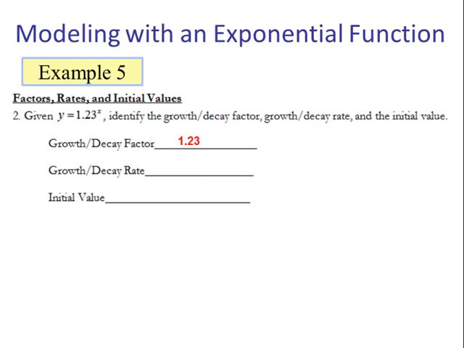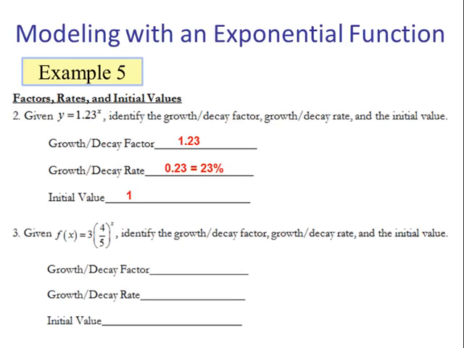Since this is larger than 1, this is a growth, so the growth rate is this value minus 1, which is 0.23, and normally we write the rate as a percent, so that's 23%. So as x increases by 1, this function increases at a 23% rate. The initial value is the value of a, in this case it's 1.